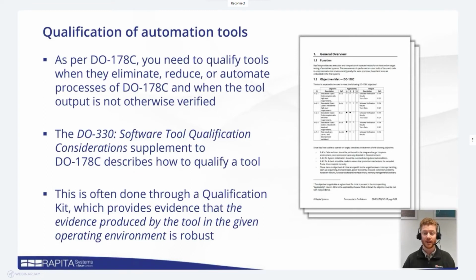But if you're buying an off-the-shelf tool which has a qualification kit, then this saves a huge amount of effort. It is much easier for the tool vendor to write down the requirements and write the test cases than it is for you to take a third-party tool and do that work yourselves.